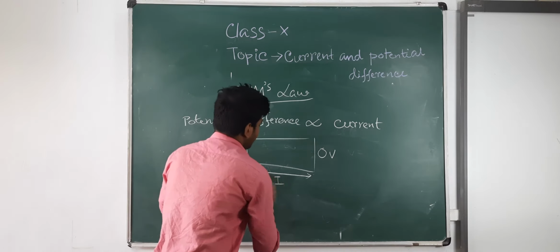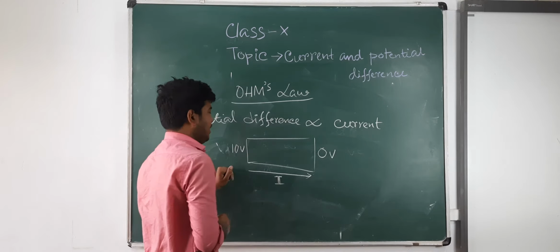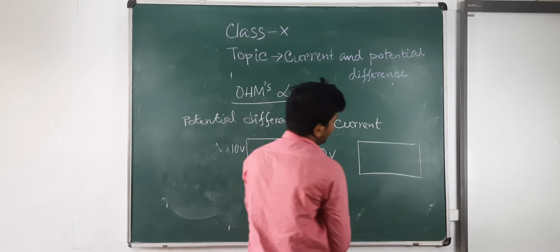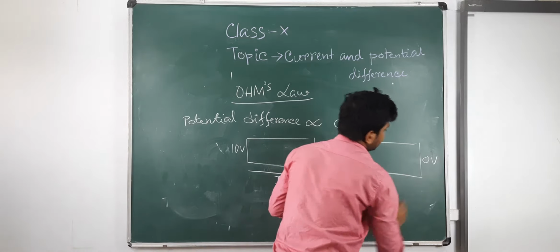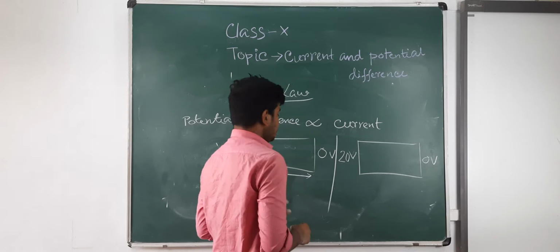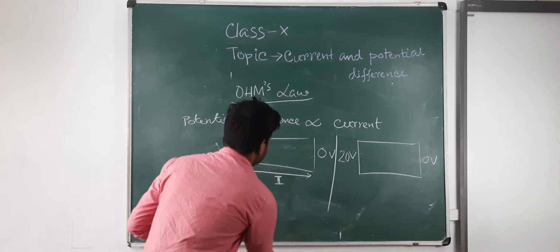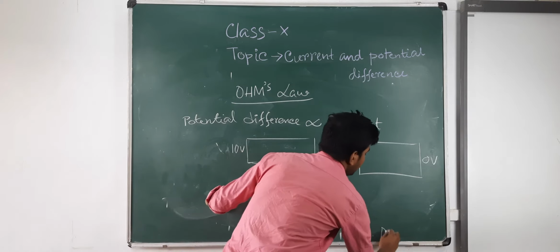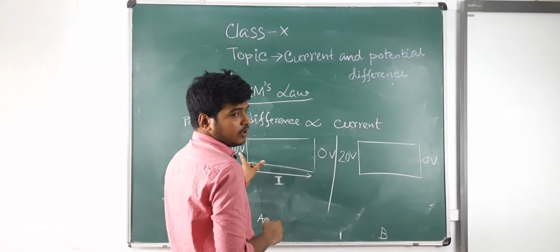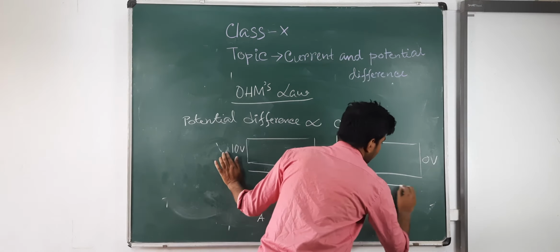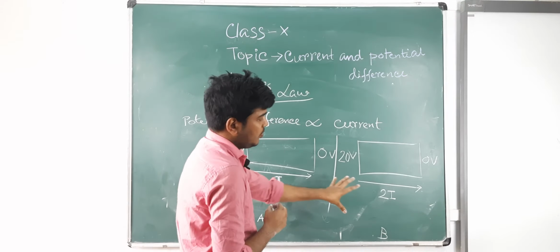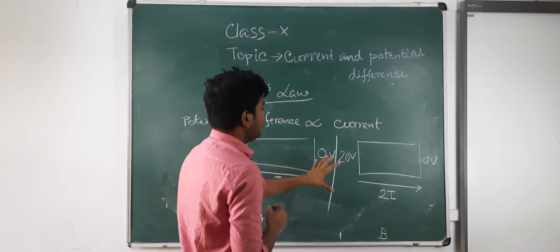Suppose the amount of current is I. Then if we take another conductor which has 0 potential on one side and 20 volt on the other, the potential difference is double. This is example A, this is example B. In example B, the potential difference is double that of example A. So the amount of current will be 2I.